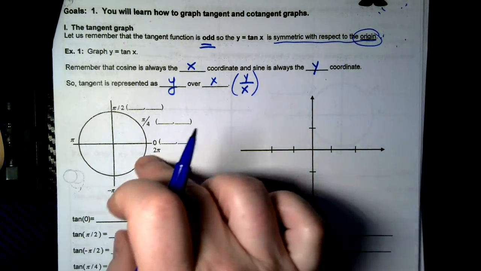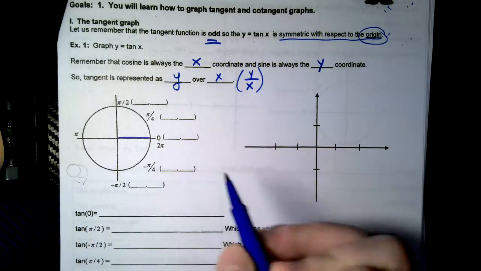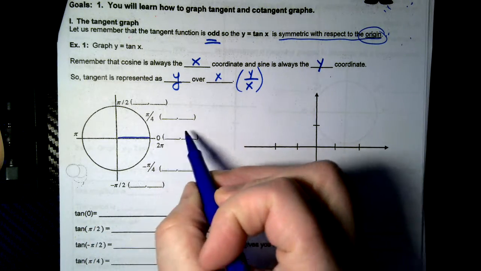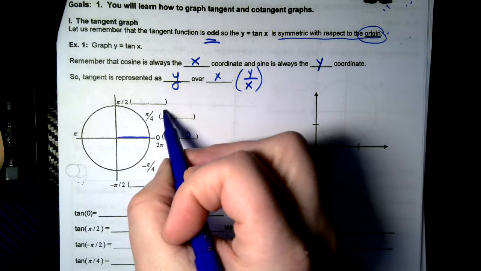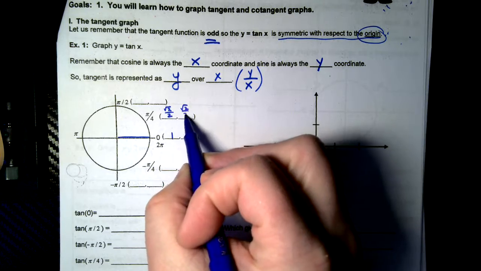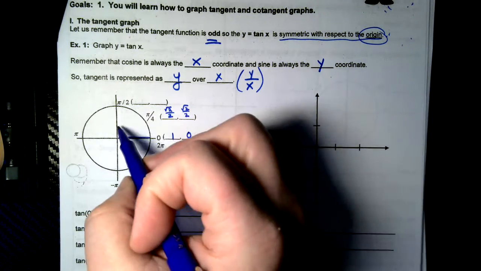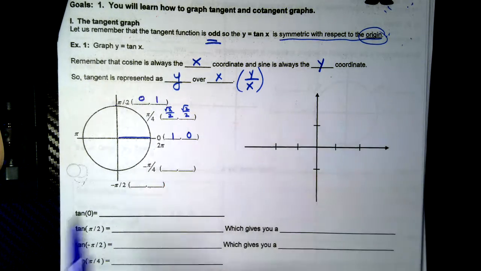So let's think about the coordinates on the unit circle. Let's take the basic unit circle where the radius is equal to 1. At 0, we're at 1, 0. At pi over 4 on the unit circle, we're at square root of 2 over 2, square root of 2 over 2. And then when we're straight up at the top at pi over 2, we're at 0 and 1.